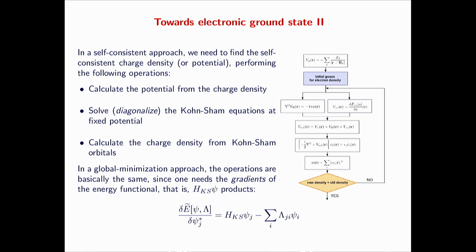And this is nothing but the Kohn-Sham Hamiltonian times a Kohn-Sham orbital, minus a term that ensures orthonormality. This term, once you diagonalize it, yields at self-consistency the Kohn-Sham eigenvalues. I'm afraid that I have to stop here. Any questions?